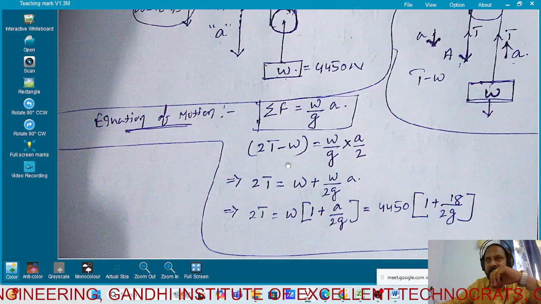This is 1.91 into 4450. So how much did you get? 2T is equal to, can you see there? 8532.57 divided by 2. So what is the answer finally?